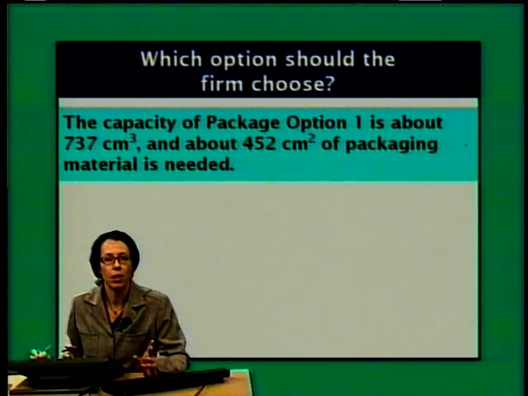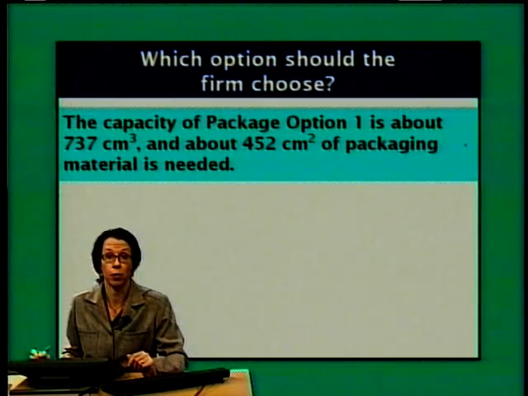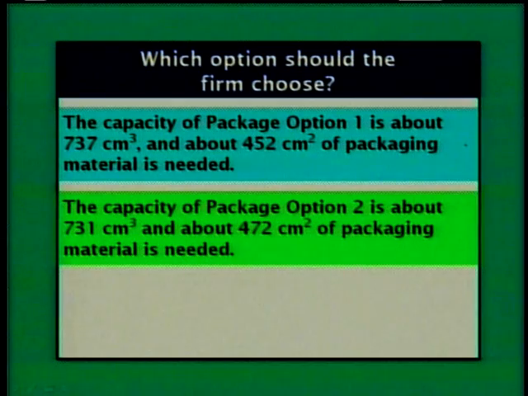So the capacity of package option 1 was about 737 cubic centimeters, and about 452 square centimeters of packaging material is needed. Whereas with option 2, the capacity was about 731 cubic centimeters, which is less, and more packaging material is needed, 472 square centimeters. So package 1 has a greater capacity and less material is needed.